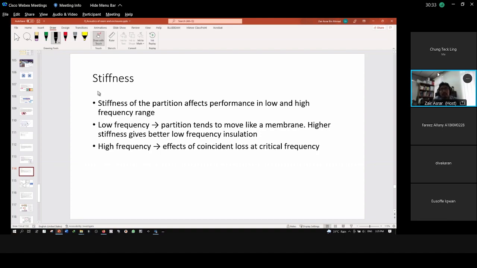That's possible. However, if we move to a high frequency range, now we have the natural frequency of the partition itself, so there's an effect of critical frequency introduced there. We want to avoid that as well. We don't want the panel to be at resonance.